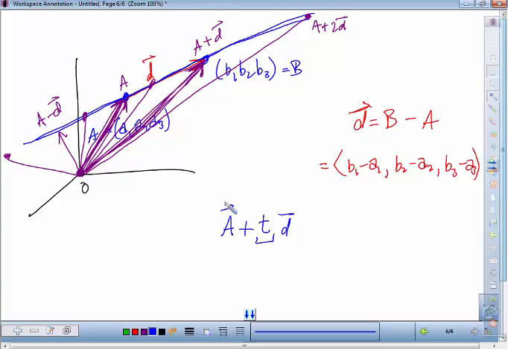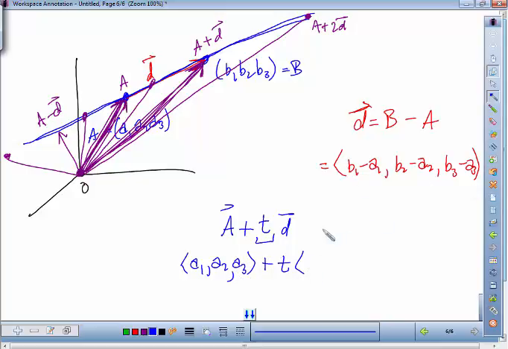So if we want to use the actual values that we got here, you can think about this as A1, A2, A3 plus T times, and then the D that we found earlier was B1 minus A1, B2 minus A2, and B3 minus A3.